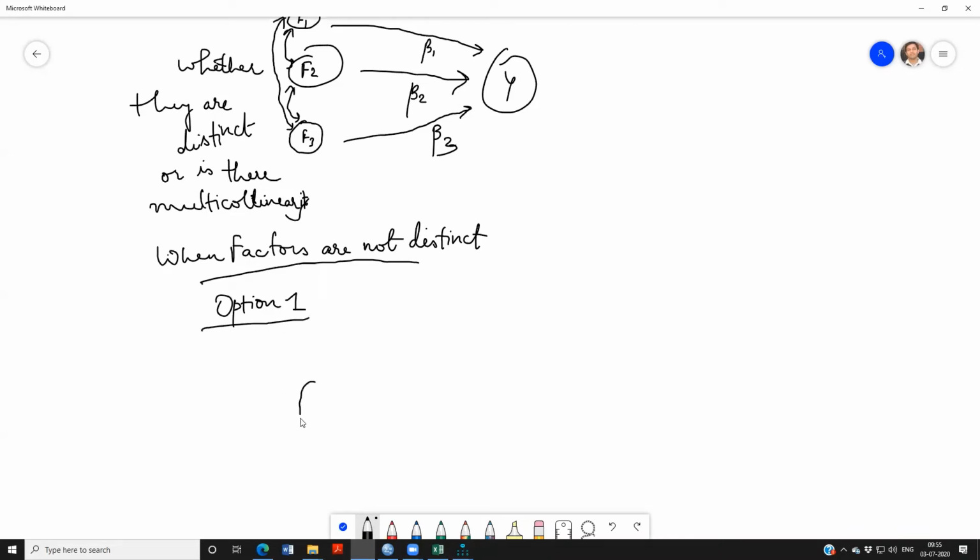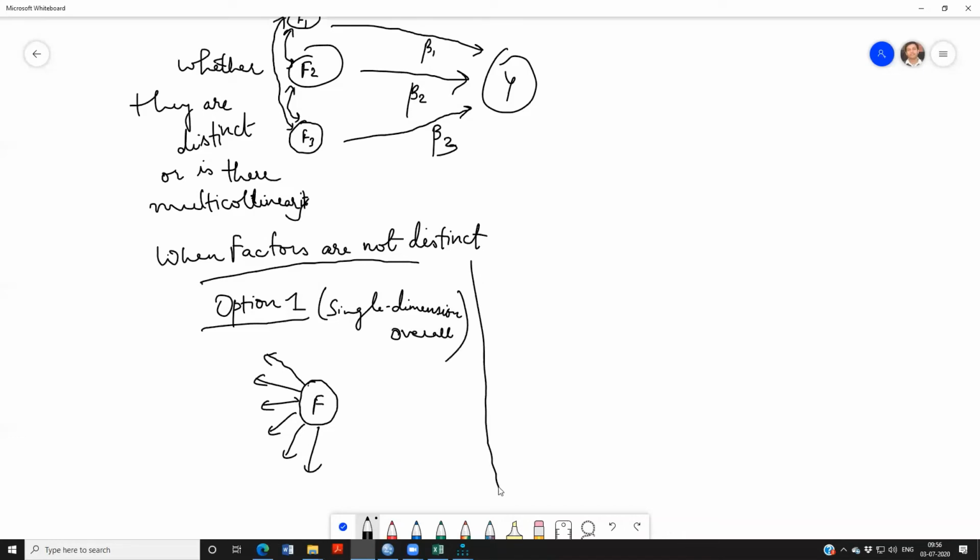So you create one big factor F, and you say that I will load all the items. If there were 10 items, so for example, we have 10 items in our leadership scale, I will load all items on only one factor. I will not model 3 different factors. So this becomes single dimension overall. And that is one way.